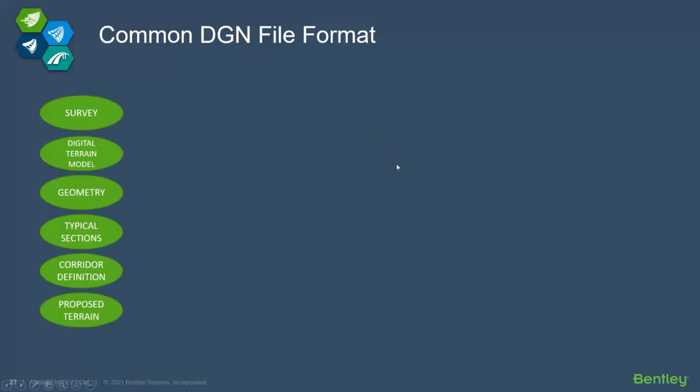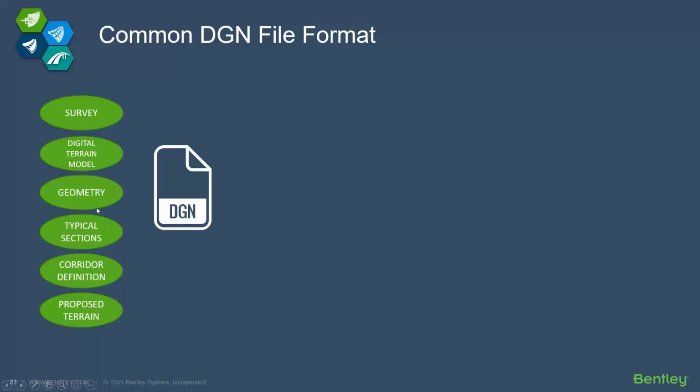Now, having DGN as the file format, everything is in the DGN, so you don't deal with external files anymore. Although, of course, if you're starting and your terrain is created from another software, or your alignment is created from another software, you'd be able to get them inside OpenRail Designer and convert them into DGN.